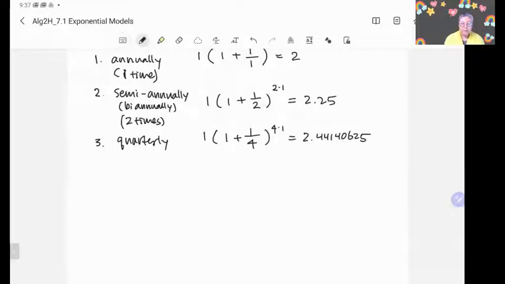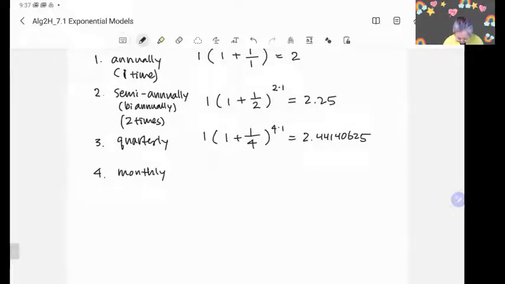Then what about monthly? Monthly means the n becomes what? 12, because there are 12 months per year. So number 4, monthly.